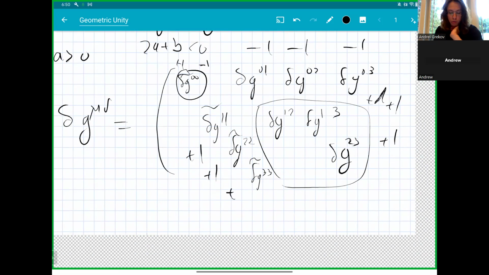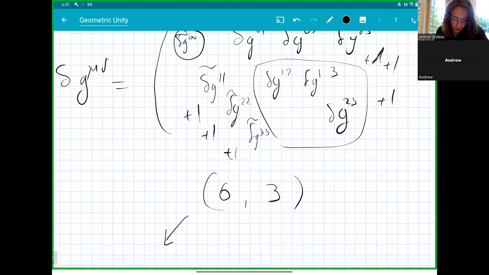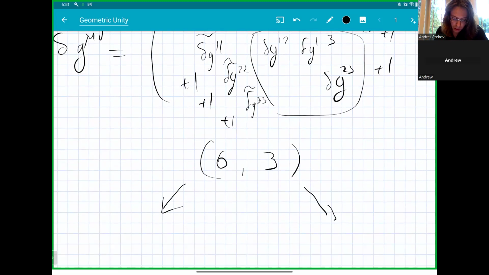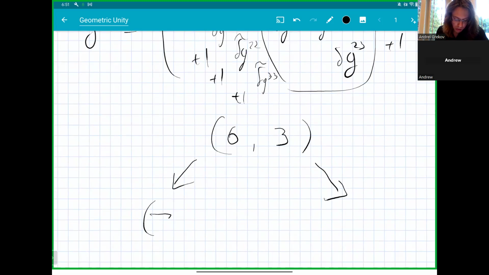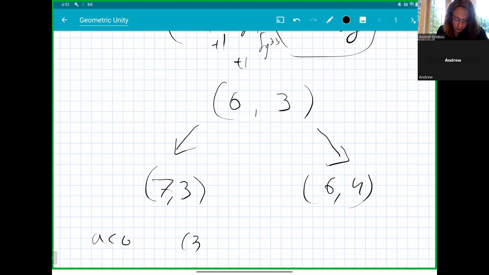So in total, if we count, this gives us 3 pluses, and this, so in total 6, and this gives us 3 minuses, and this will give us either a plus or a minus. So we're getting either 7 3 or 6 4, and if we reverse the sign of a, we also could get 3 7 and 4 6.